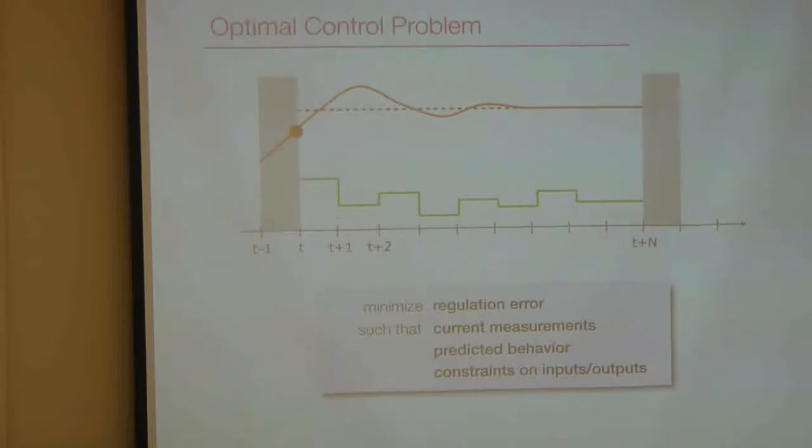We know how the system will evolve. That's the model of the system. And we have constraints on inputs and outputs. So this is kind of a very advanced version of a PID, because we know that a PID controller does not provide guarantee that constraints will be satisfied. Optimal control does provide these kind of guarantees.